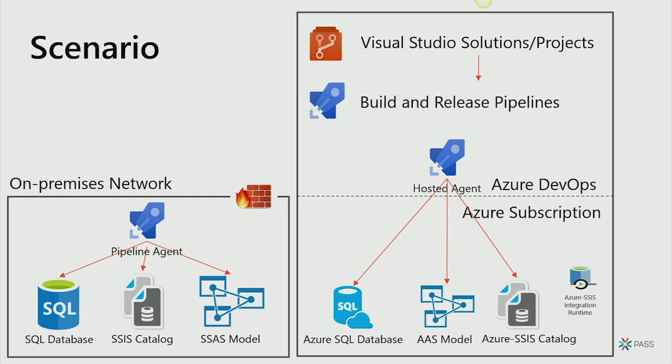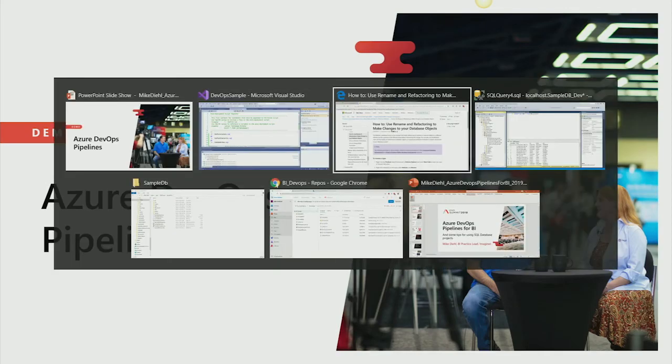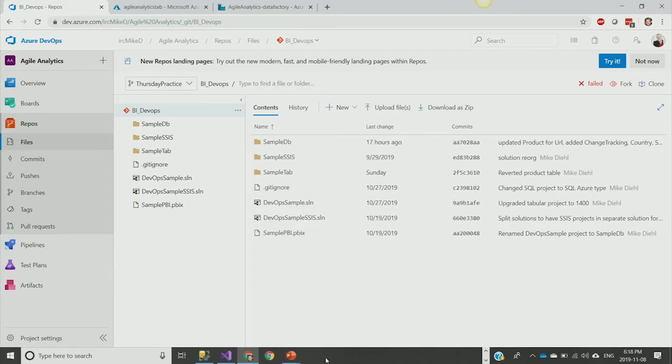The wrinkle is that the integration runtime for Azure SSIS has to be running for you to deploy a package to it, which costs you money, unfortunately, but that's the way that goes. So that's my scenario.